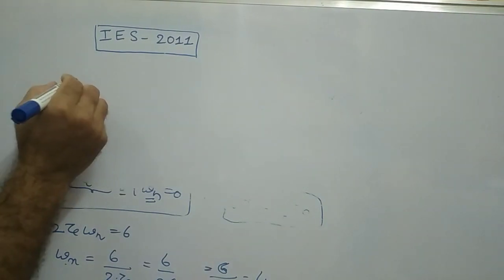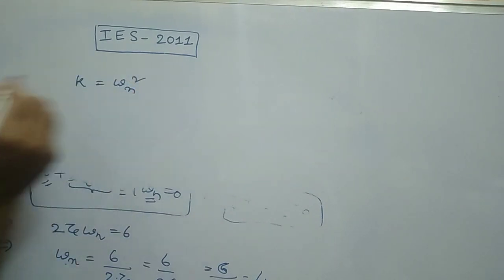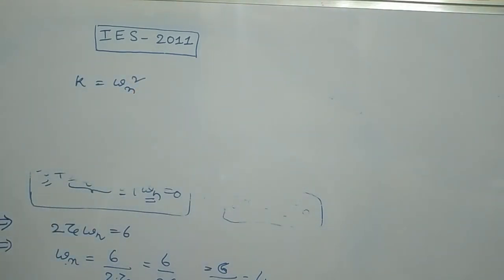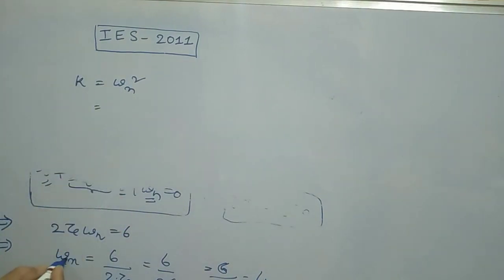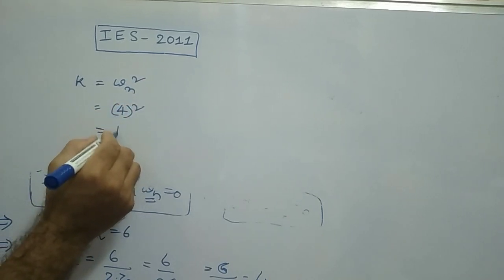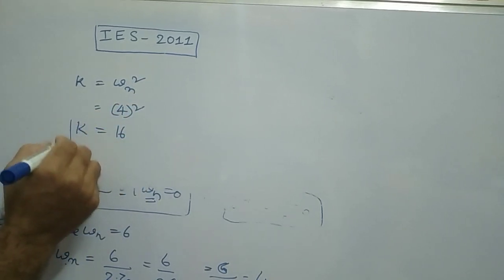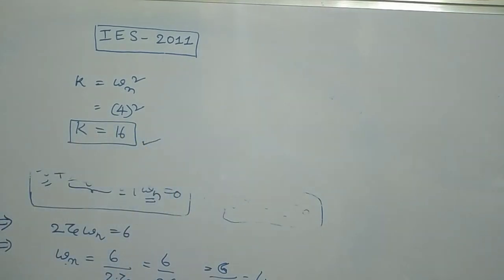Omega n is 4, therefore it is 4 square, which is 16. Therefore the k value is 16. That is your answer.